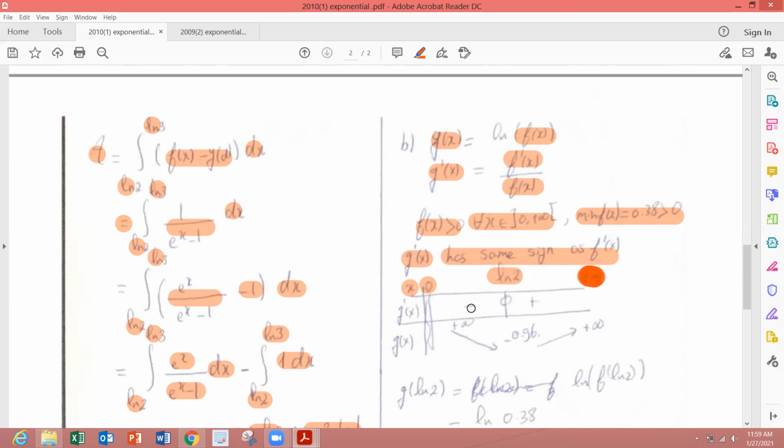Between 0 and ln 2 it is negative, and then positive. f is positive, so it is not affecting the sign. Affecting the sign is f prime. So g prime has the same sign as f prime.